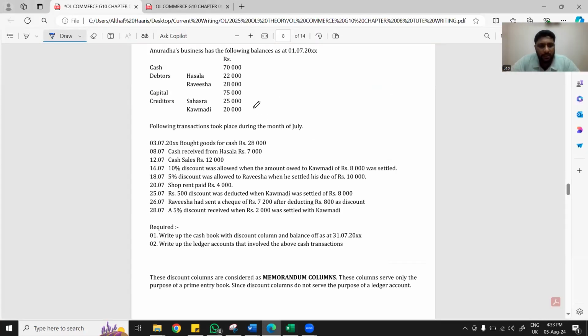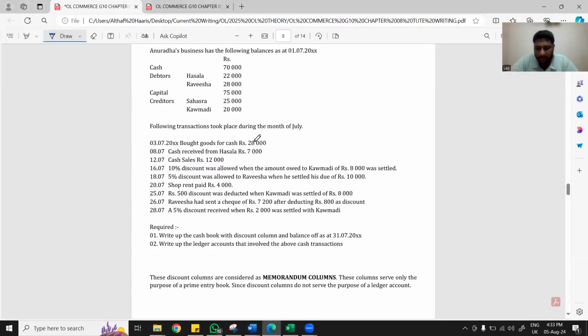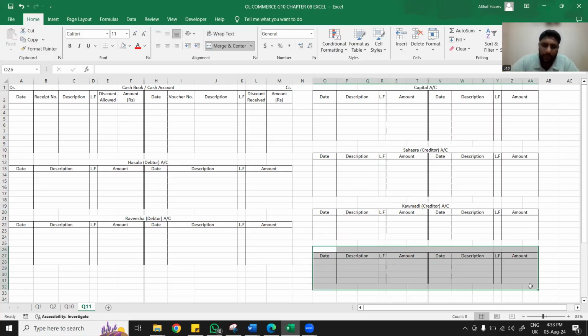Then we have Sahasra creditor, Kaumadi creditor. So we are done.